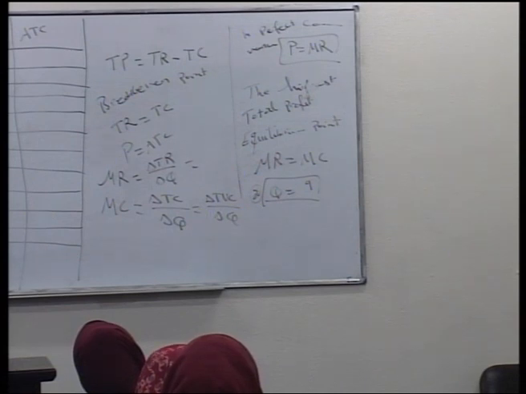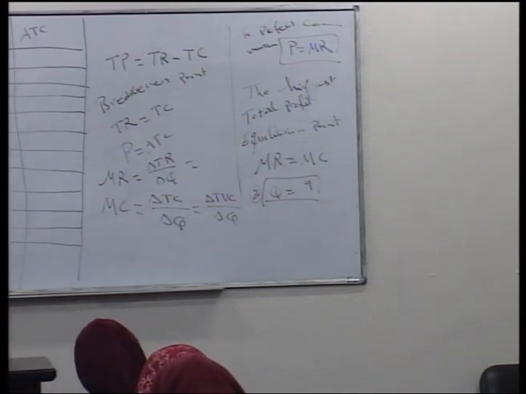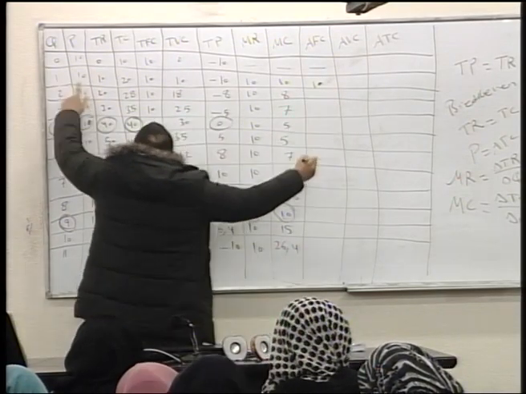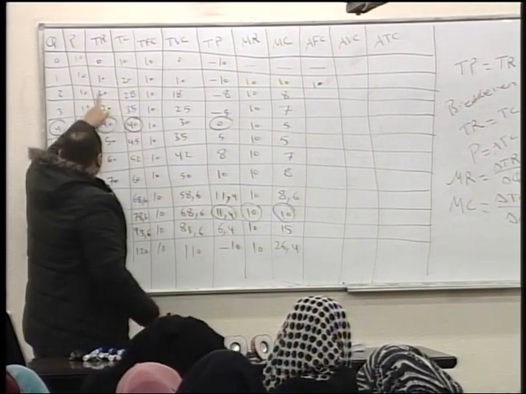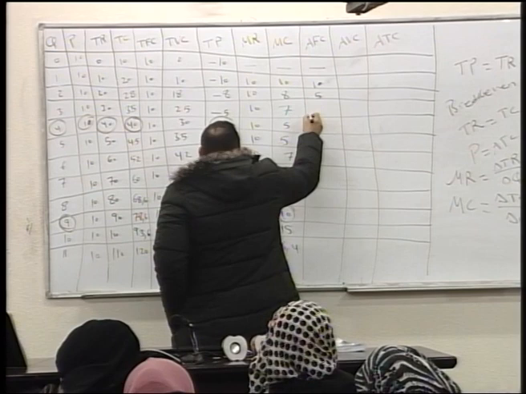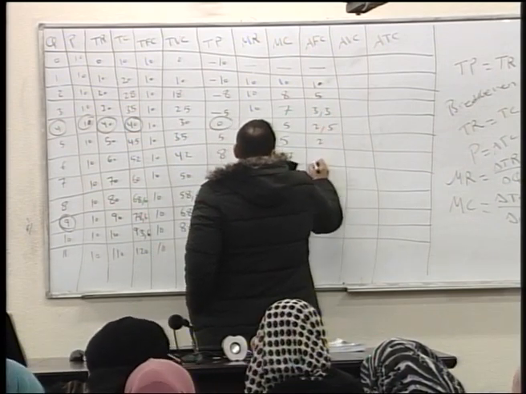Average fixed cost, TFC over Q. 10 over 1, 10. 10 over 2, 5. 10 over 3, 3.3. 2.5, 2.